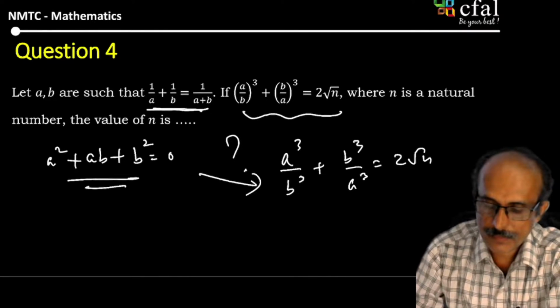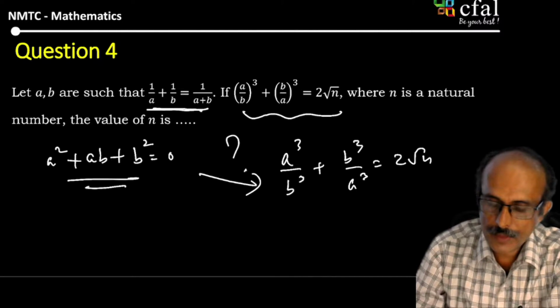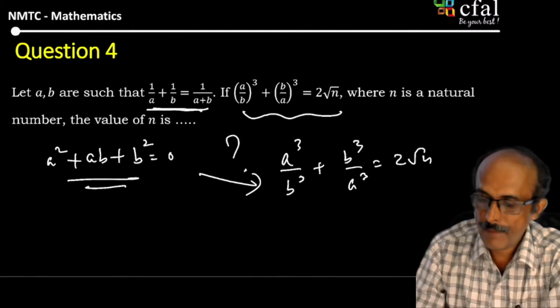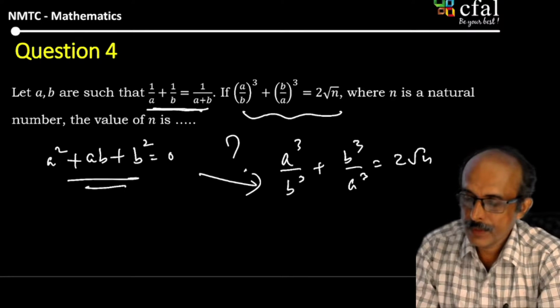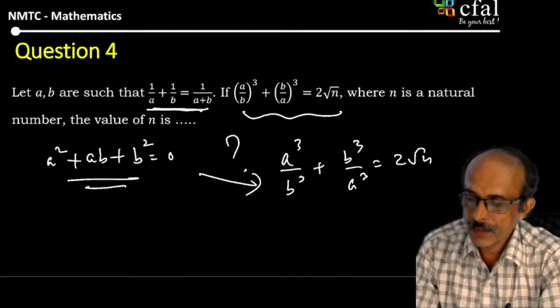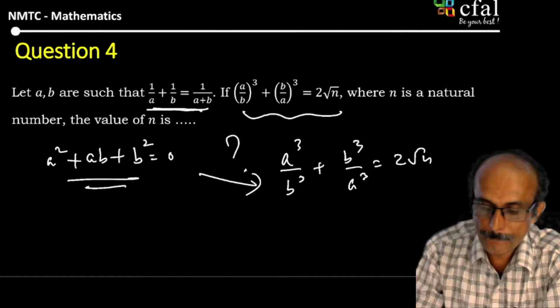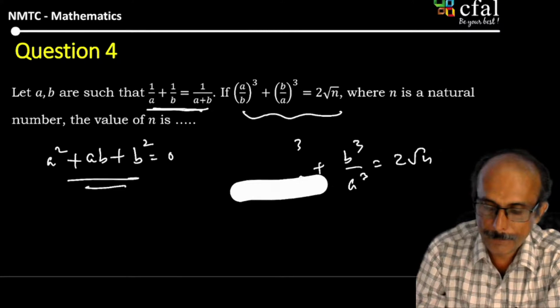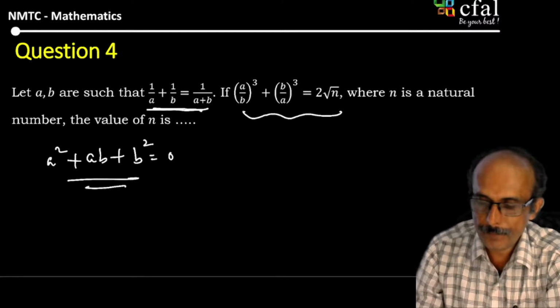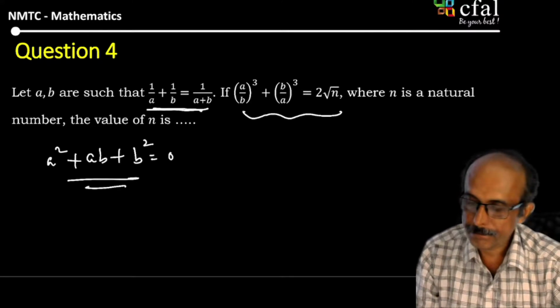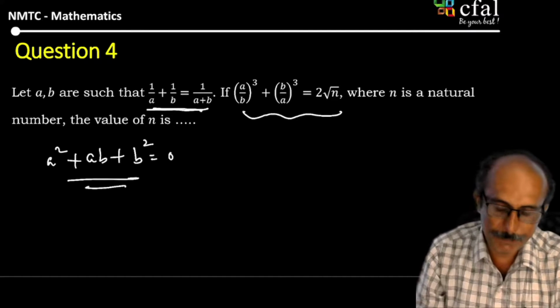Just divide by ab and do the whole cube by bringing minus 1 here. So what do we do? Divide by ab.